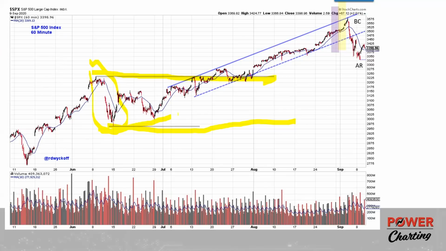But notice the reaccumulation structure right away: higher lows, higher highs, and it becomes very dull, quiet into the conclusion of the reaccumulation.